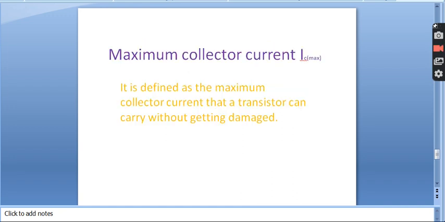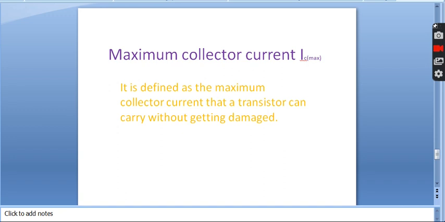Next one is the maximum collector current, that is IC maximum. It is defined as the maximum collector current that a transistor can carry without getting damaged. This one is the same as power dissipation, but here instead of power we use collector current.